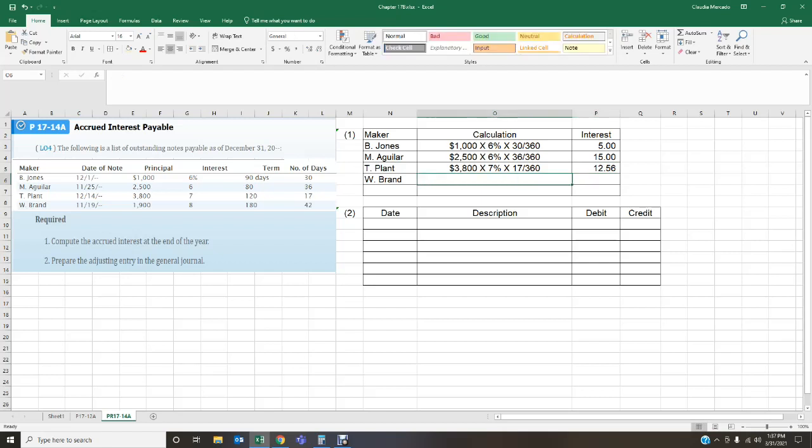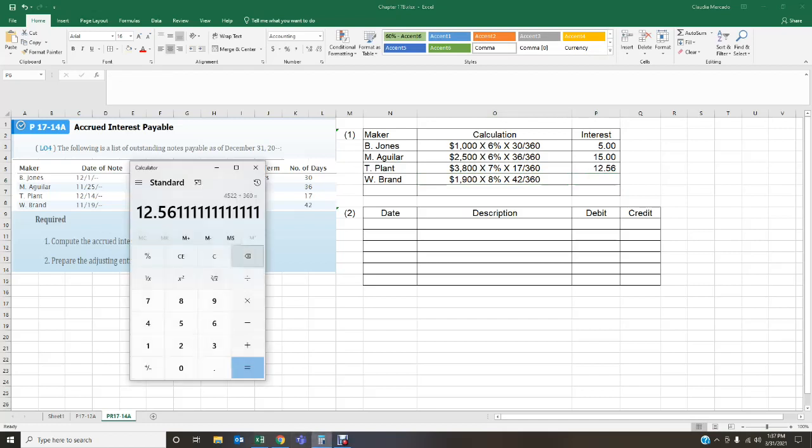Last but not least, we've got Brand. The amount of the note was $1,900. The rate is 8%. And the number of days is 42 days over 360. So the amount of the note, $1,900, times the rate of 8%, times 42 days that have passed over 360, gives me $17.73.